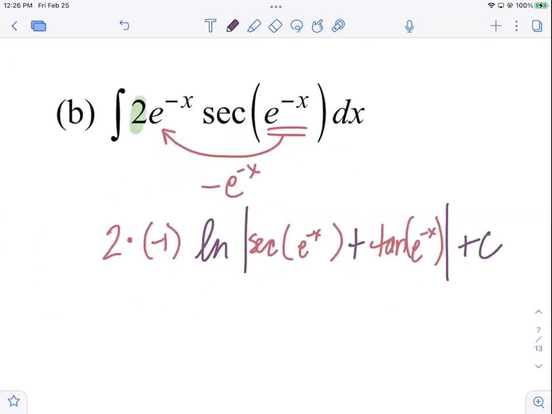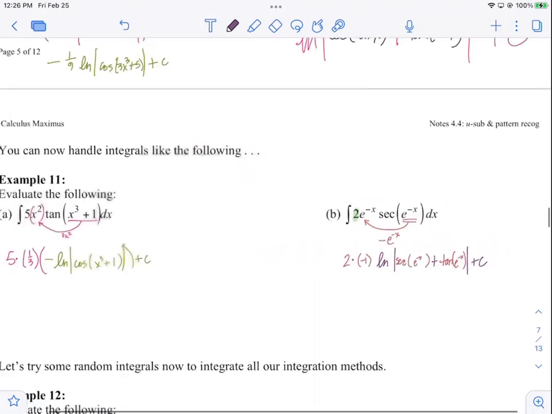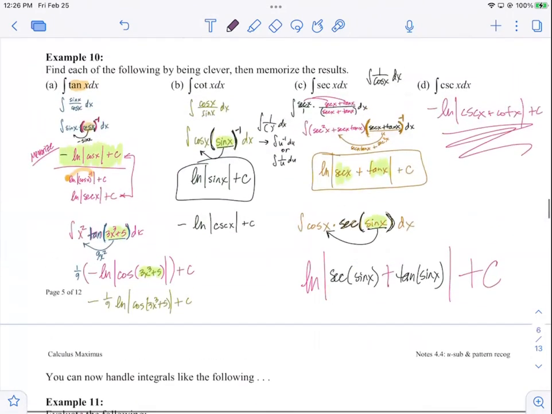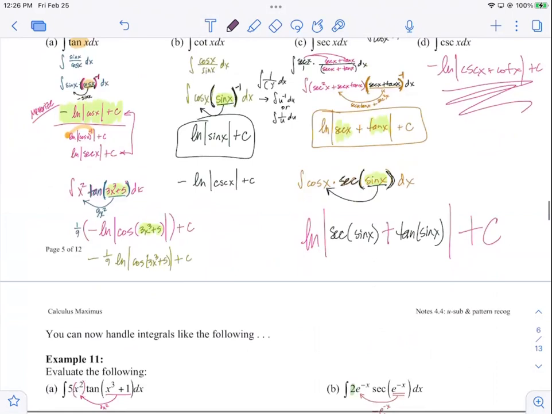So it's -2. For some reason, if it were e to the 5x, most people would know there's a 5 derivative. But if it's as innocuous as e to the negative x, you forget the -1 derivative from the exponent. So there's the review of those. You should know the antiderivative of all 6 trig functions now.